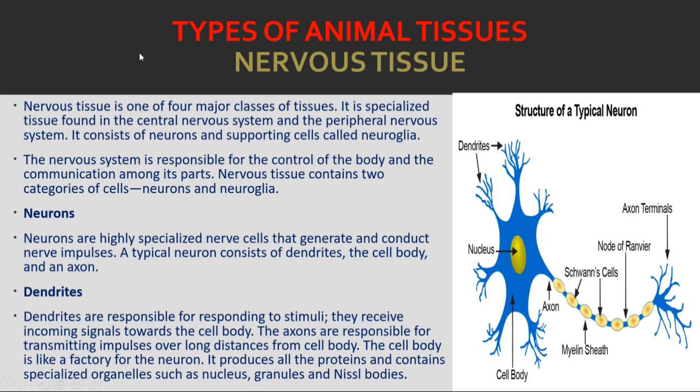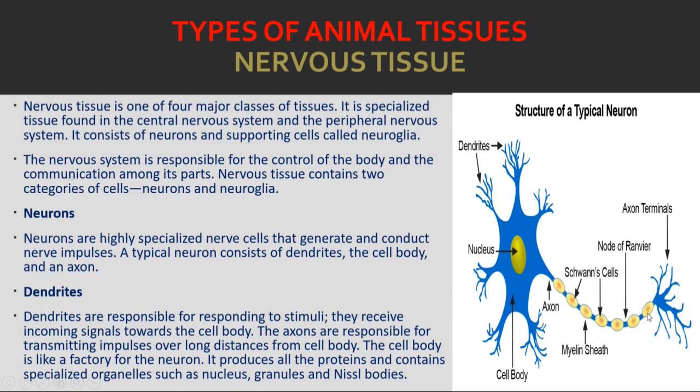This is the structure of a neuron shown in the slide. These root-like structures are the dendrites. This yellow structure is the nucleus, and this blue part bounded outside the nucleus is the cell body. This is the axon, and these white cells are the Schwann cells, bounded by a myelin sheath.